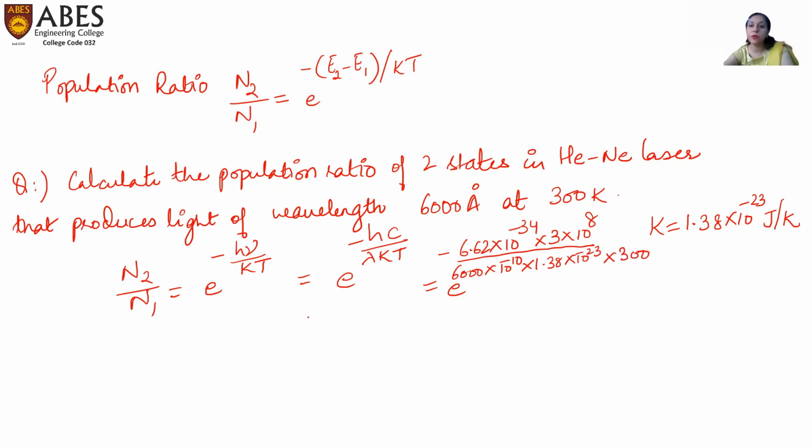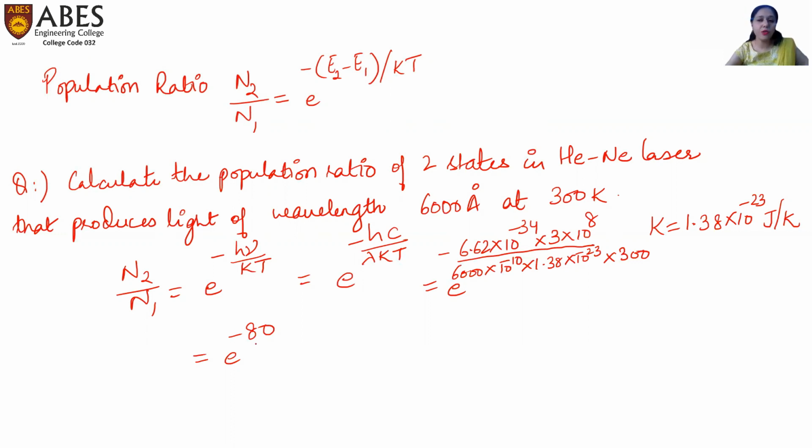We have to make sure that the temperature is in Kelvin. If it's in degrees Celsius, we have to convert it by addition of 273. So here the answer will be e raised to the power minus 80. So this is how we are calculating population ratio.